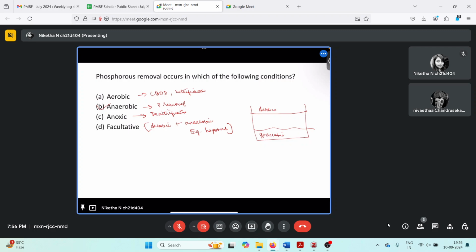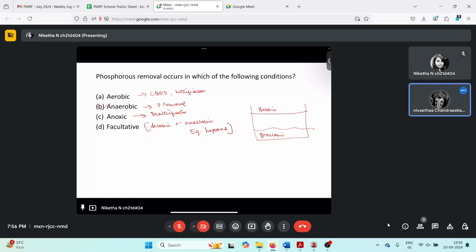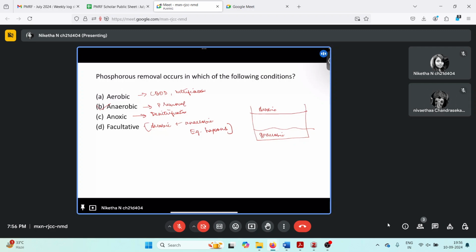In a trickling filter, it will take time for the aerobic condition to develop, and after some time sloughing will happen and the slime layer will be completely removed. So the facultative conditions are not going to coexist for a long time.